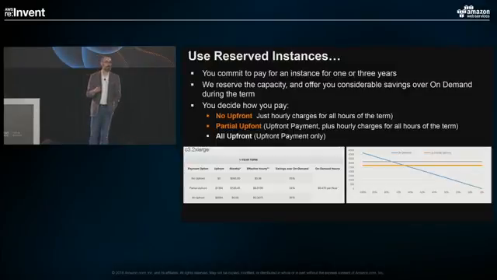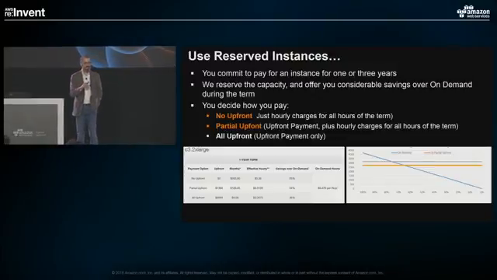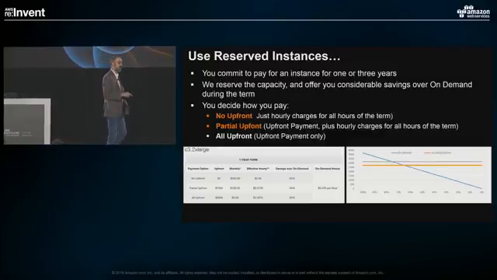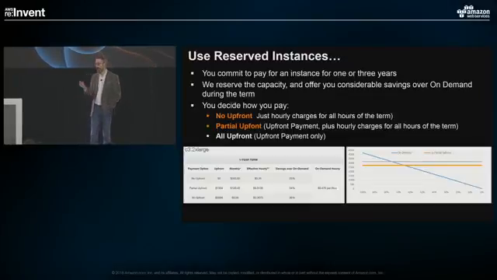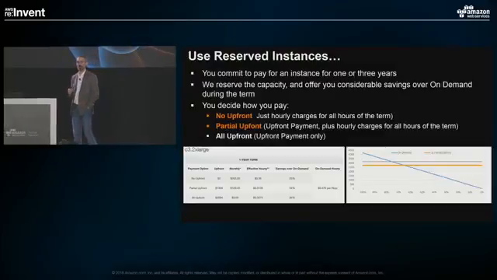Well, maybe this week you might want to wait, because who knows what's going to be announced. But in most cases, you're going to be better off buying now and getting those savings today. And if you need to change it, you can buy convertible RIs, or you can sell those RIs back on the RI marketplace.